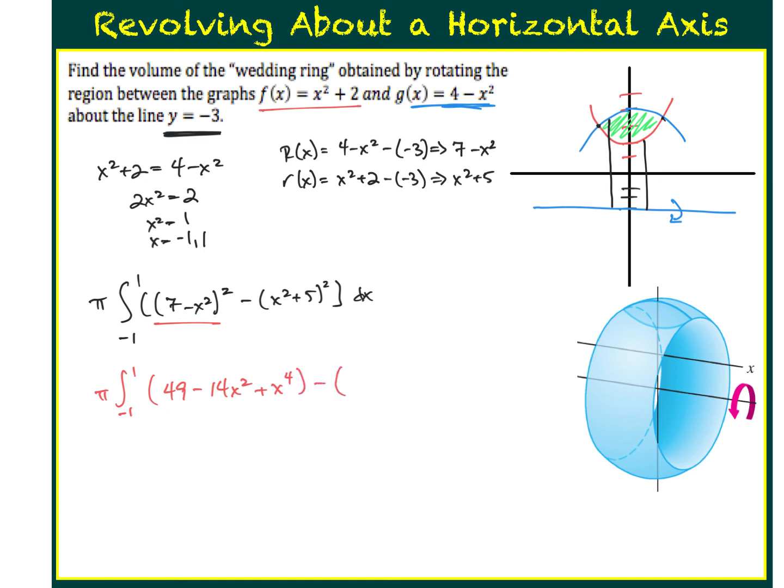Minus, now let's FOIL this one. What do we get? X to the 4th, plus 10x squared, plus 25, with respect to x. What would I highly suggest you do right here?